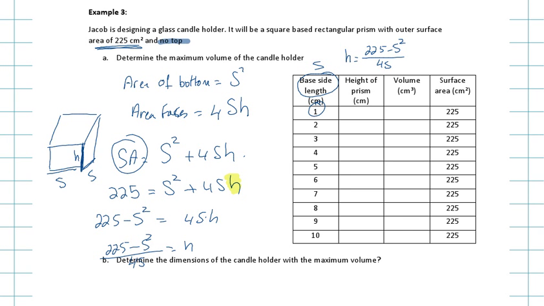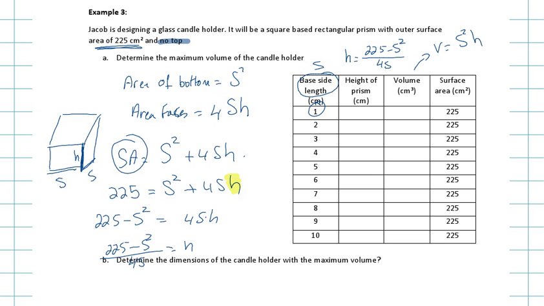What I have here is side times side times H. It's side times side, so that's side squared times H. You have to remember that I don't have three S's, I have a side and a height. So I've already figured out my formulas. All I have to do right now is fill out my table.